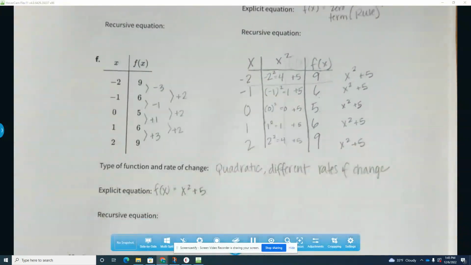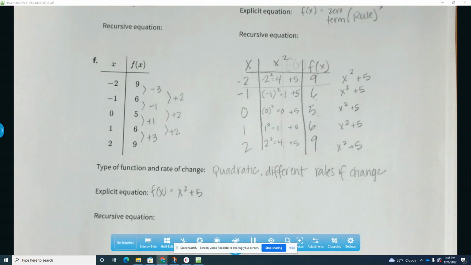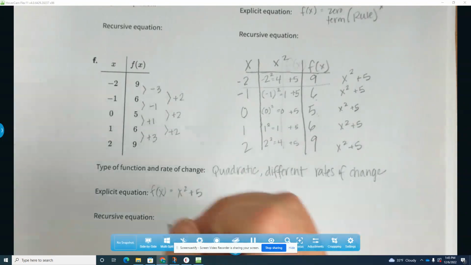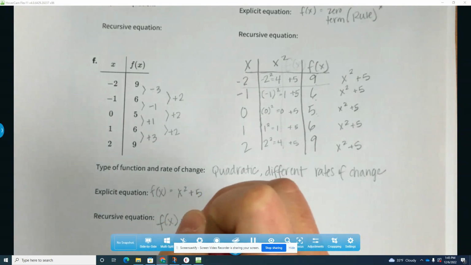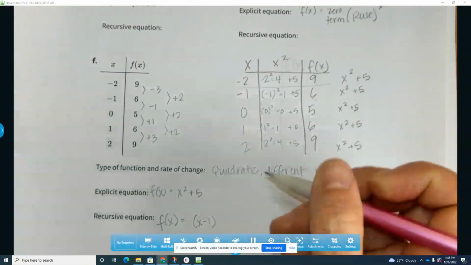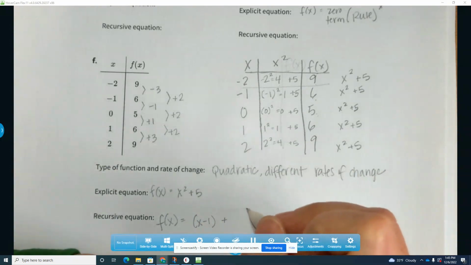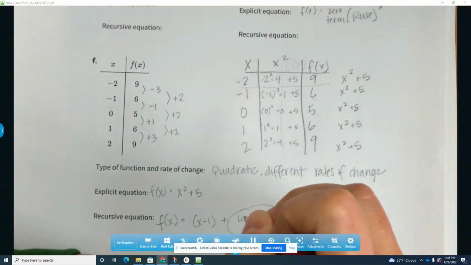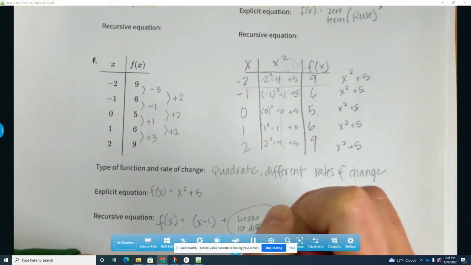Notice that your recursive doesn't generally have an x squared in it. And that is because the format for that is based off of the linear first difference.